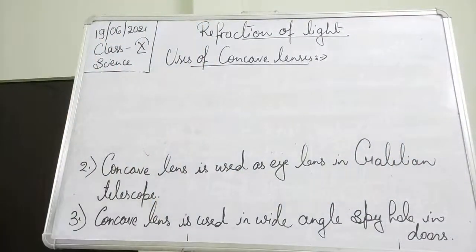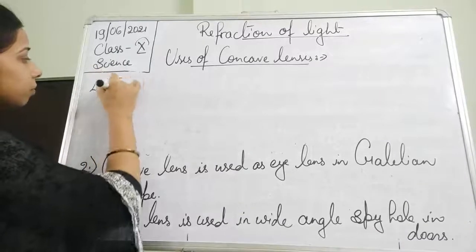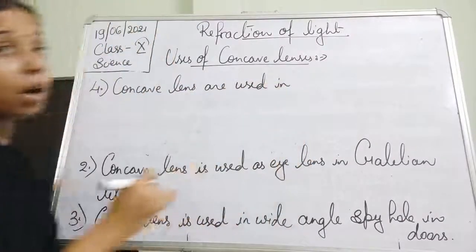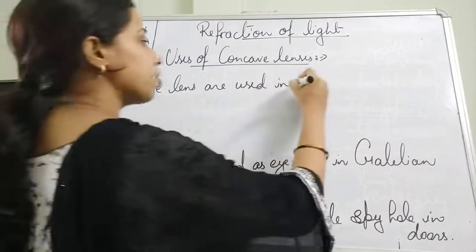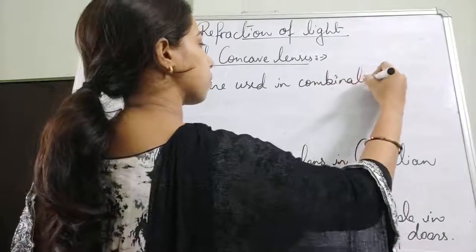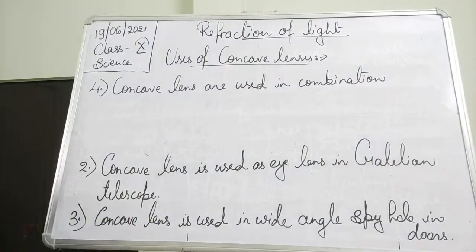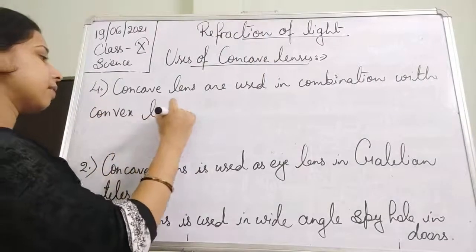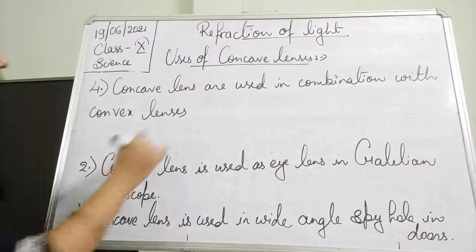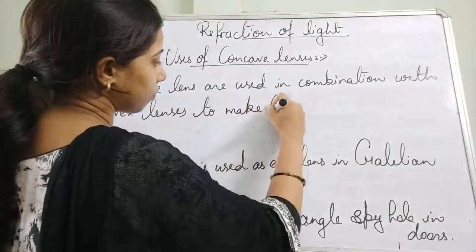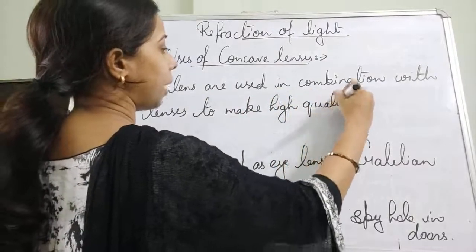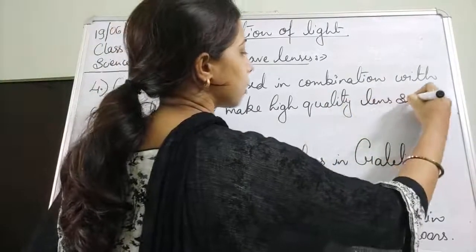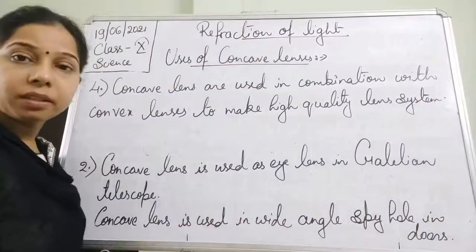So concave lenses are used in combination with convex lenses to make a high quality lens system.